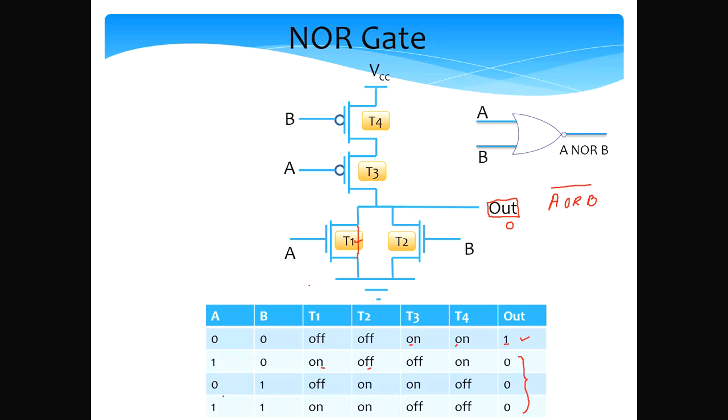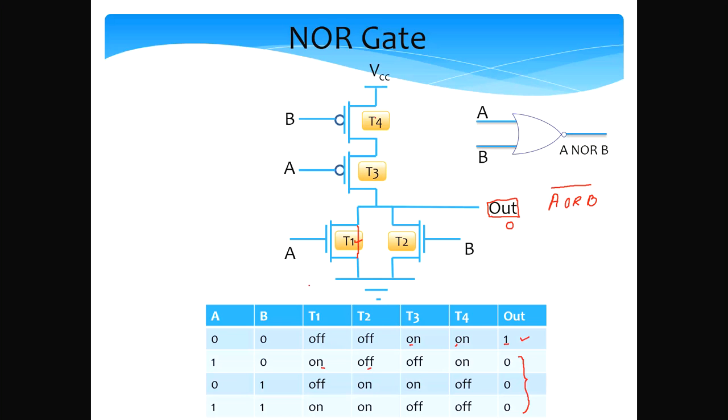Similarly, we can consider the other pair. It's an absolutely symmetric argument here for 0, 1. So in this case, when A is 0 and B is 1, T1 is off, T2 is on, T3 is on, and T4 is off. The important point to note is that in this T3 T4 pair, T4 is off.